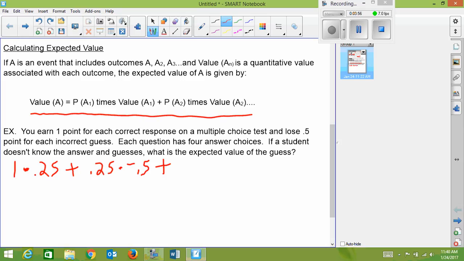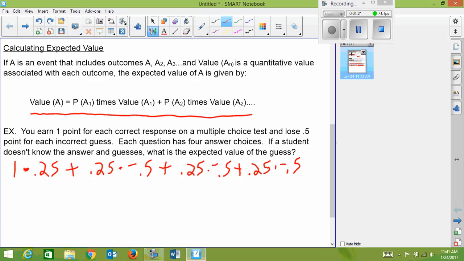And since there are 4 choices, I have to do all 4 of them. So negative 0.5 plus another 0.25 times negative 0.5 plus 1 more of those, 0.25 times negative 0.5, because there are 3 chances that I could get it wrong and only 1 that I could get it right.